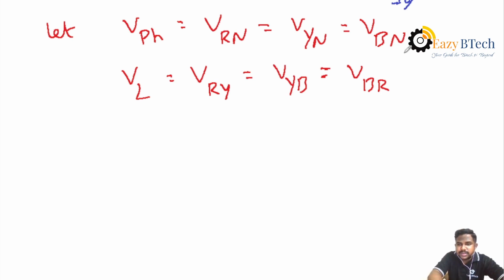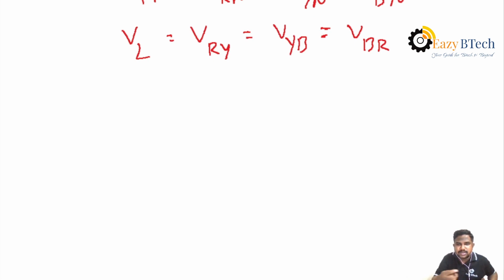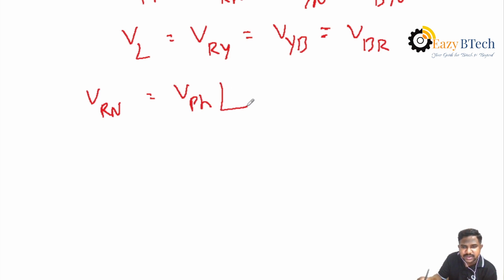Already we know that in a balanced three phase system, all voltages are equal but displaced by 120 degrees from each other. Then what is the value of VRN? That is voltage Vph, and it is the reference, that is 0 degrees. Similarly, what is the value of VYN?